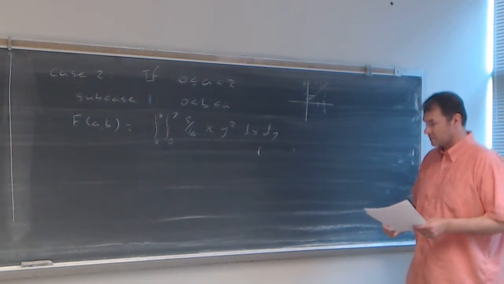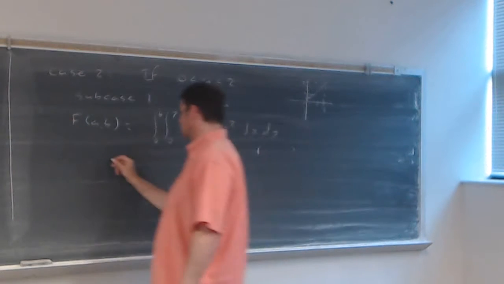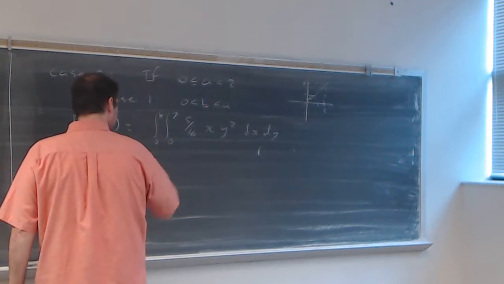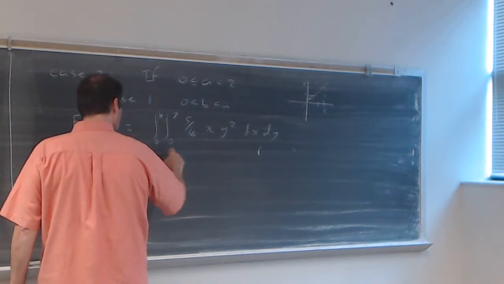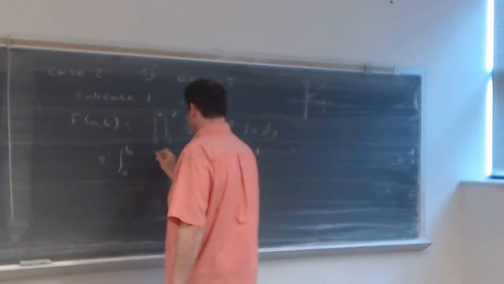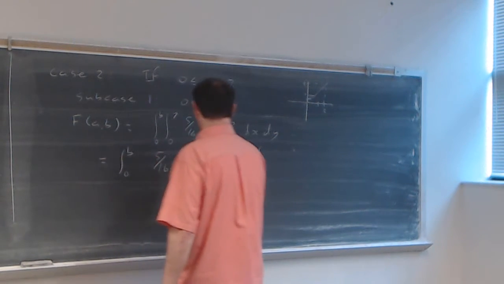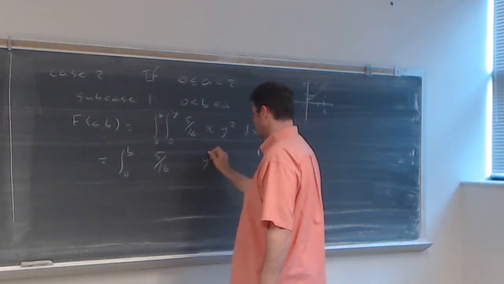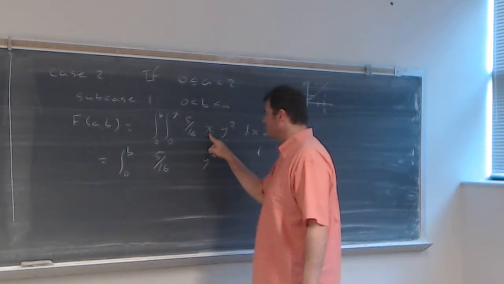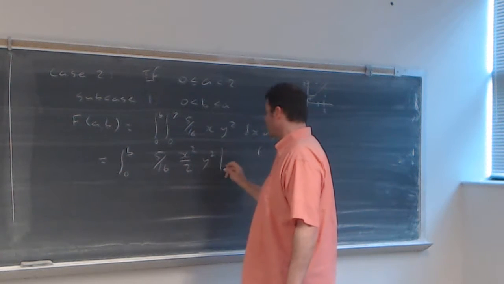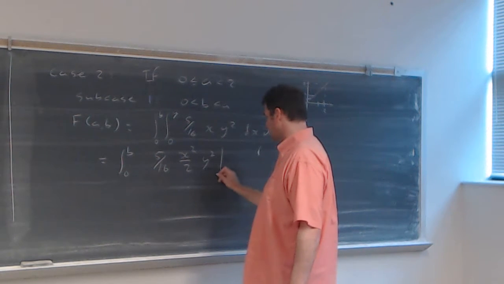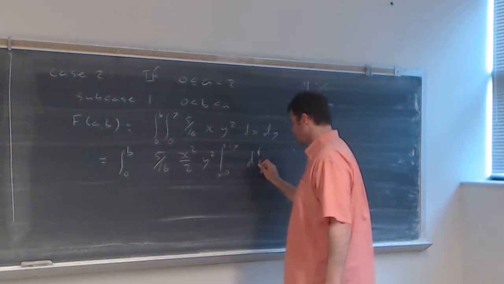All right, that's correct. And then let's compute this. So here we do the integration with respect to x first. So 0 to b is left there. The integration with respect to x would be 5/16 is a constant. Y squared is a constant. The antiderivative of x is x squared over 2. I need to evaluate that as x goes from 0 to y, dy.